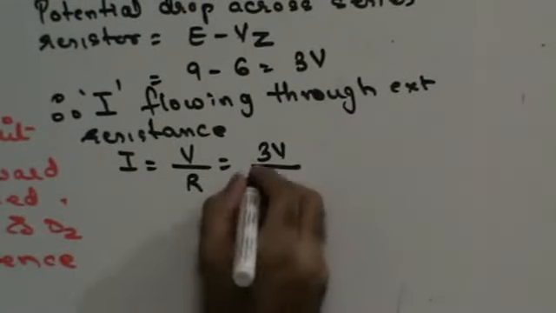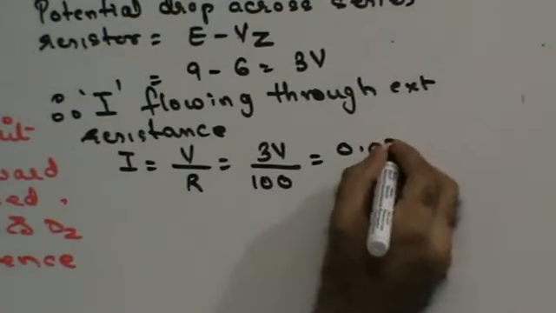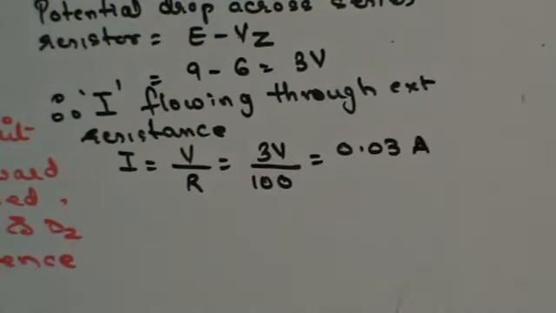External resistance is given to you as 100 ohms. So that's going to be 0.03 amps. So the current I is going to be 0.03 amps. Once I know this, I can also find out the current flowing through the load resistance.